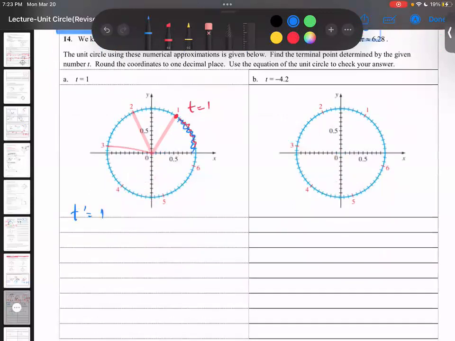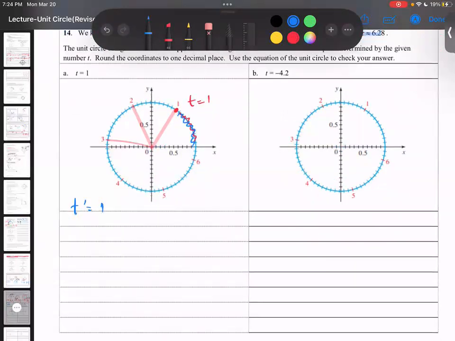How do I find x and y? Well, x is the cosine of t, right? X equals cosine of t, and y is sine of t. Plug in t, which is 1.